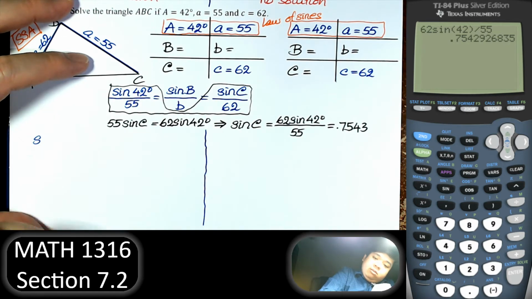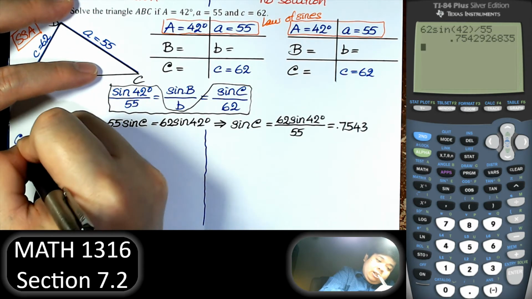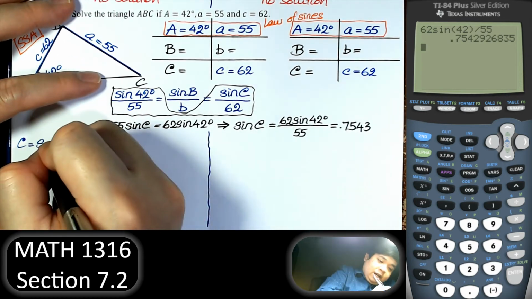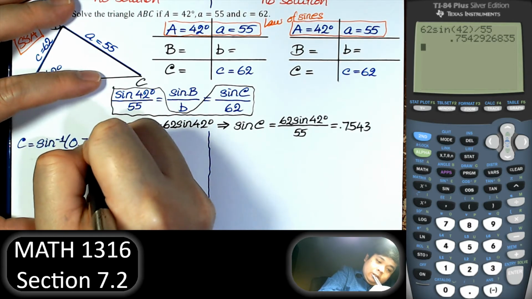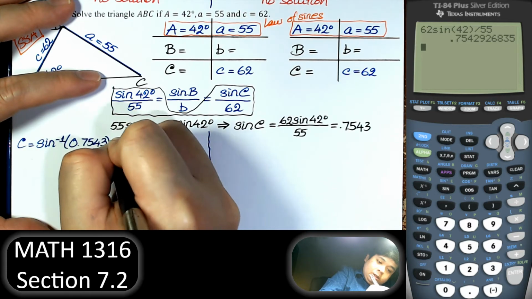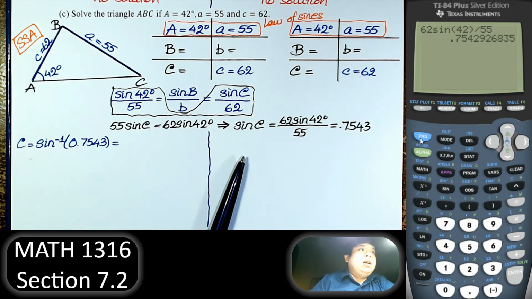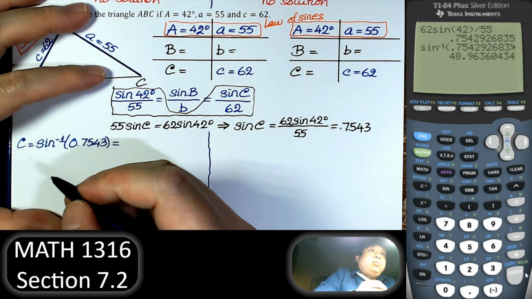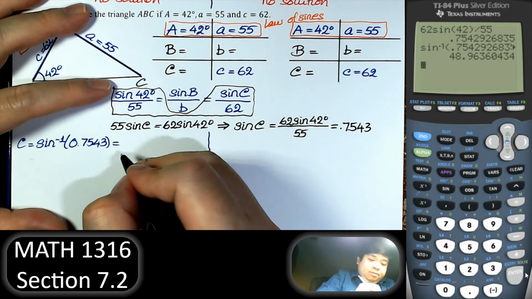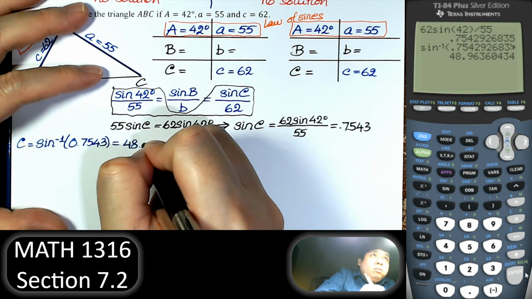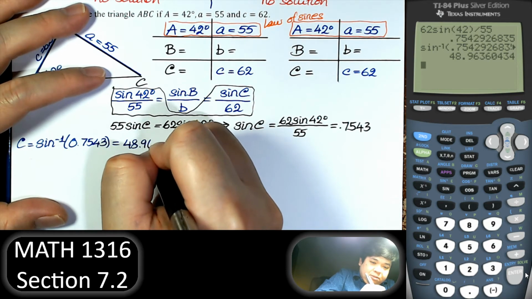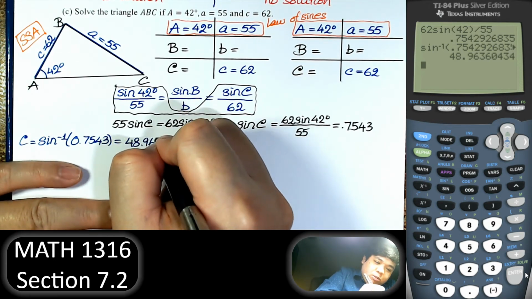Sine inverse, sorry, C is equal to sine inverse of that, 48.96. Let's keep 2 decimal places.